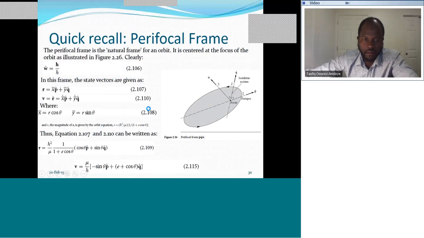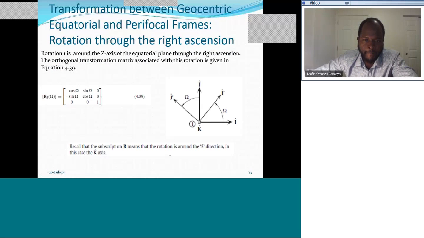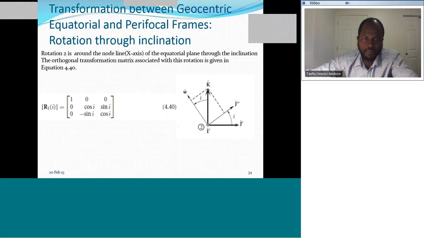And then we move on to the rotation about the node line, the x-axis, of the equatorial plane through the inclination. So now the x-axis of the equatorial plane, that is the node line. Because we are moving about the node line, we are moving through the angle of inclination.